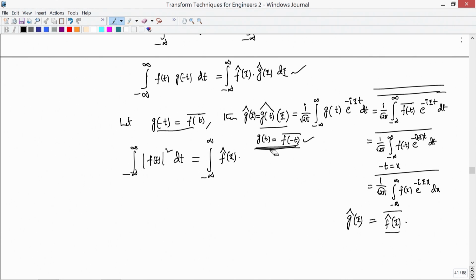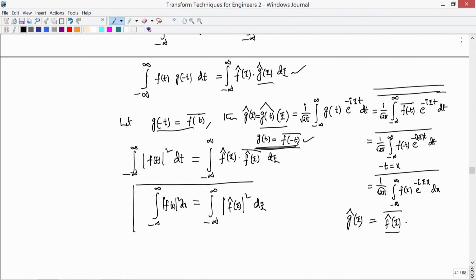So in that way, I can replace g cap of xi with f cap of xi with conjugate d xi. So this is exactly minus infinity to infinity absolute value square f cap of xi square d xi. So this is exactly what you want, f of x, let us write dx.